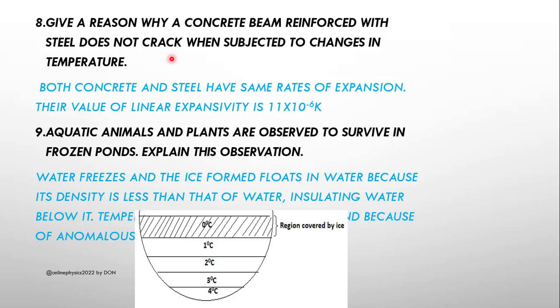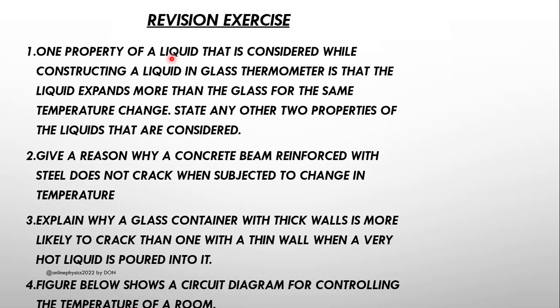Then aquatic animals and plants are observed to survive in frozen ponds. We explained this observation. We said water freezes and the ice formed floats in the water because its density is less than that of water, then insulating water below it. Now this temperature is able to help the aquatic animals survive because of this behavior of water.